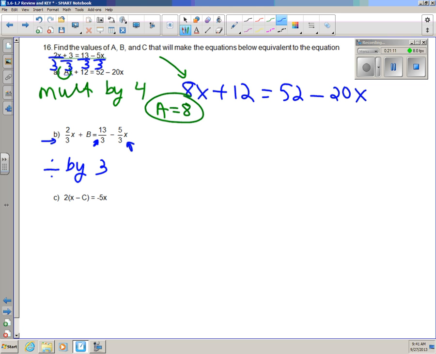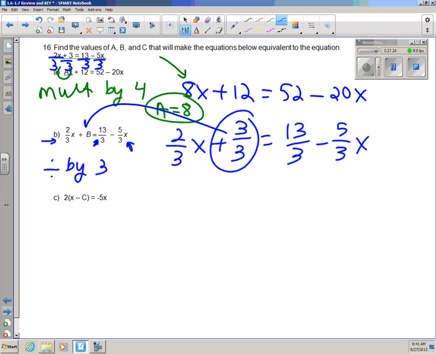Well, if I do that, it becomes 2/3 x plus 3/3 equals 13/3 minus 5/3 x. Well, this is B. B is 3/3. But doesn't that just mean B equals 1 whole? And that's your answer.